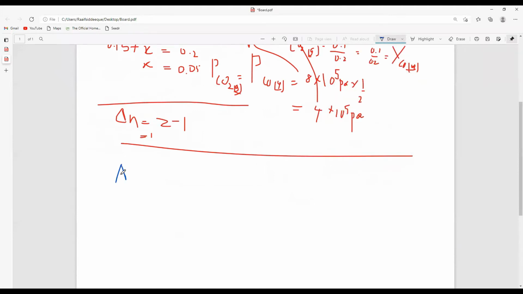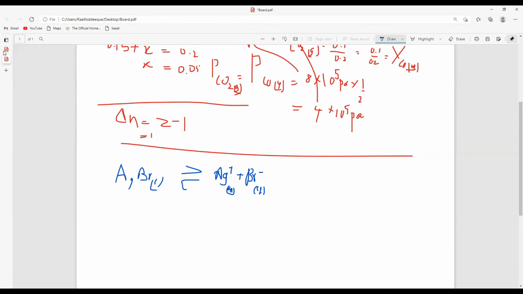So we have AgBr solid. This is in equilibrium with Ag plus and Br minus. So you have to put the physical state. So this is aqueous. This is also aqueous.